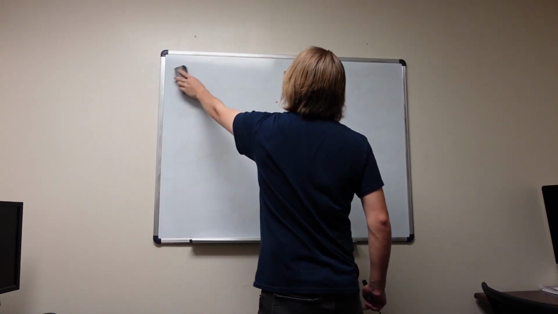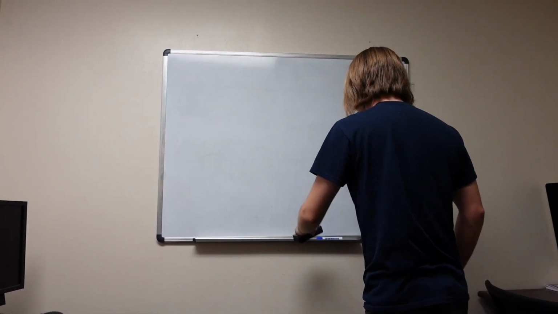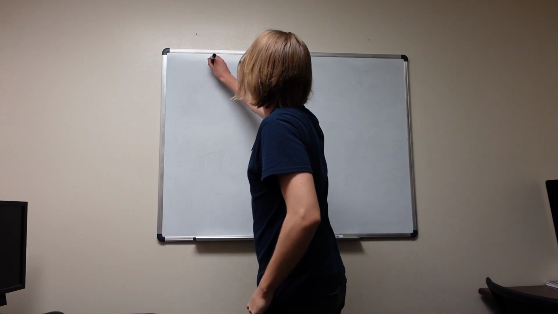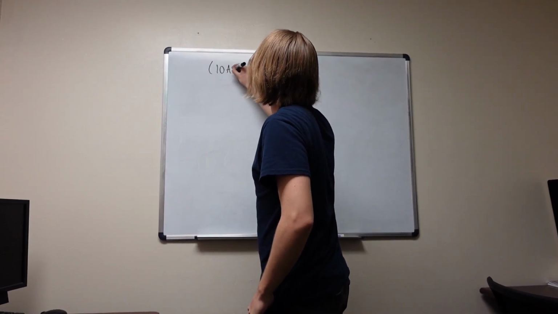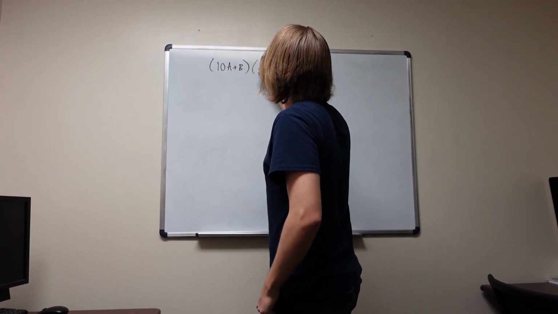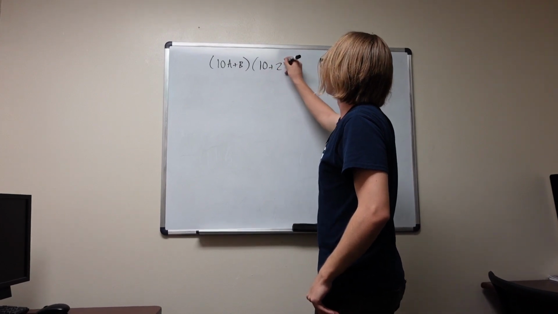So if we do a 2-digit number times 12, we get (10A plus B) times (10 plus 2).